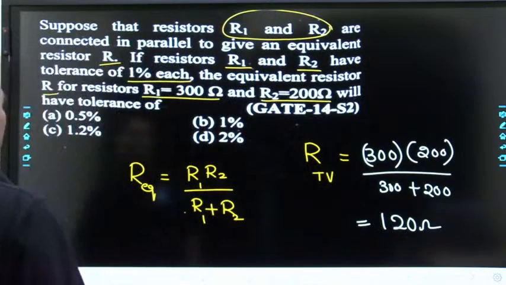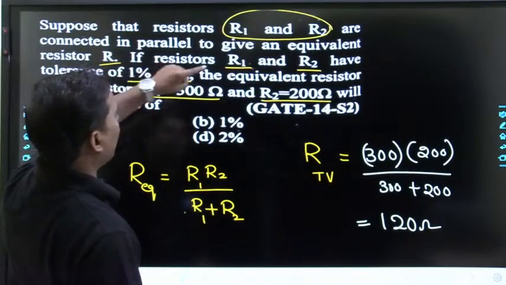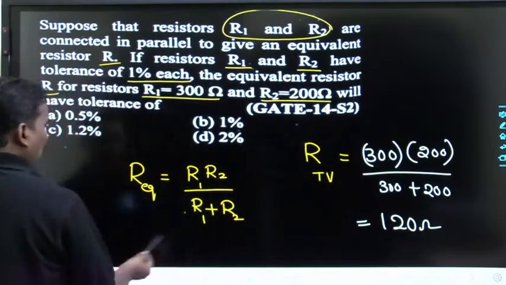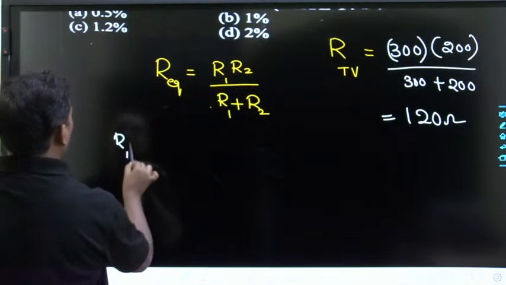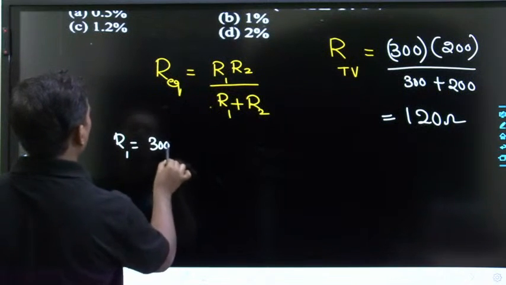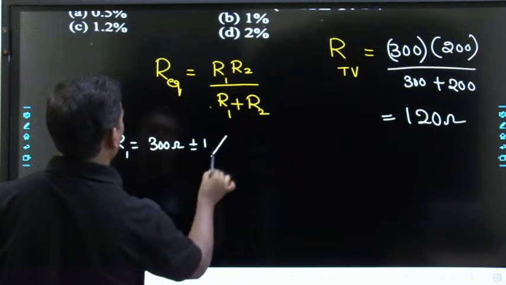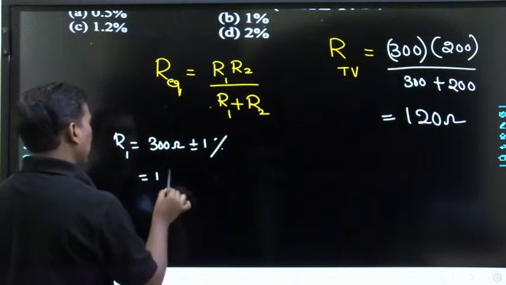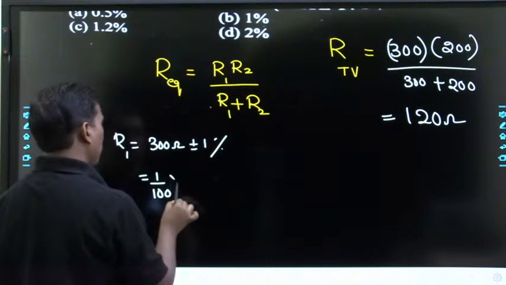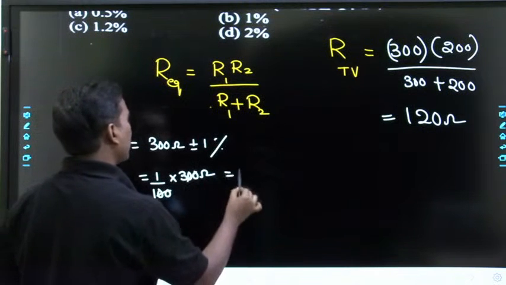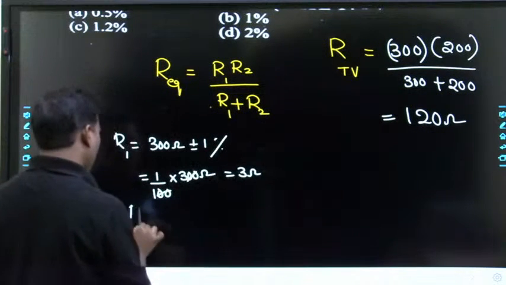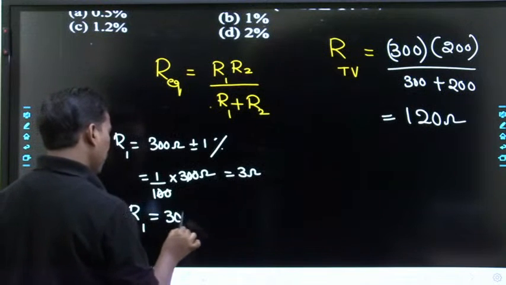But now he is telling 1% of error in this. So what is the error? R1 is 300 ohms plus or minus 1%. That means 1% is 1 by 100 of 300 ohms, which means 3 ohms extra. That means R1 is 303 ohms.